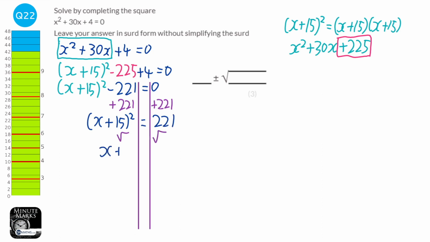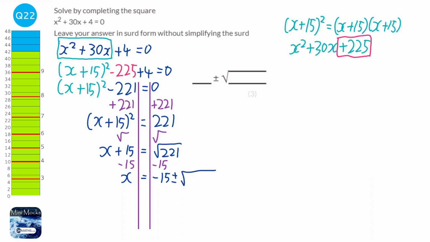So we have x plus 15 equals the square root of 221, and then we're going to take away 15 from both sides, and so we have x equals, so I'm going to put the minus 15 first. Now when you square root something you can get a positive and negative answer, so we're just going to put a plus and minus before the square root, and then it's 221. So our answer would be minus 15 plus minus square root of 221.